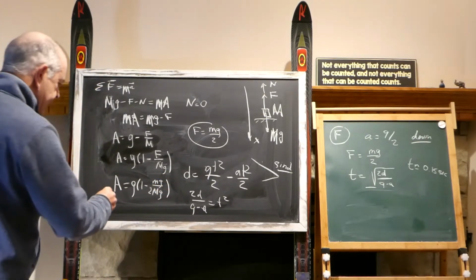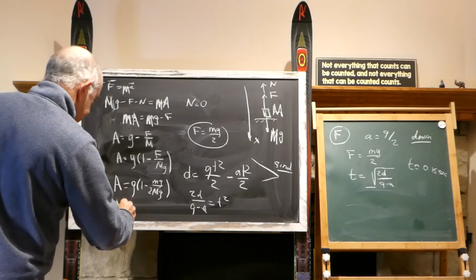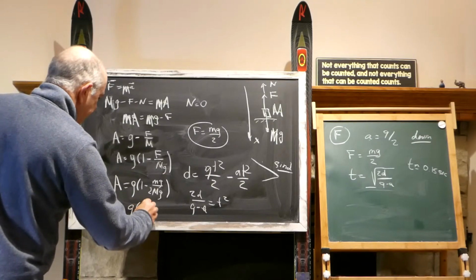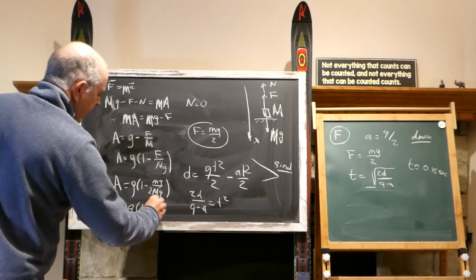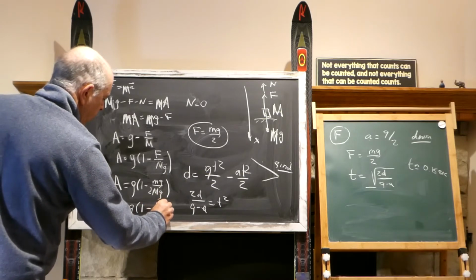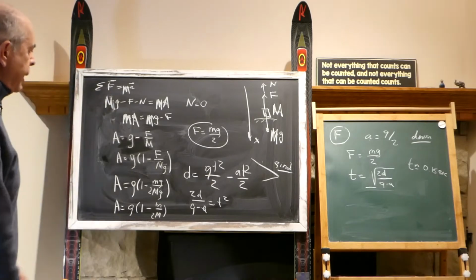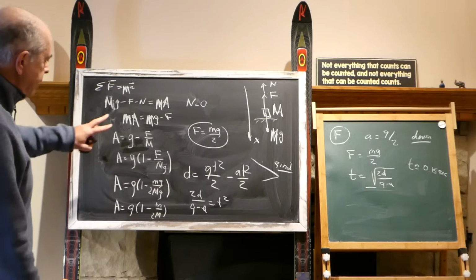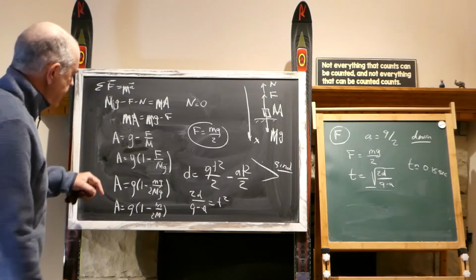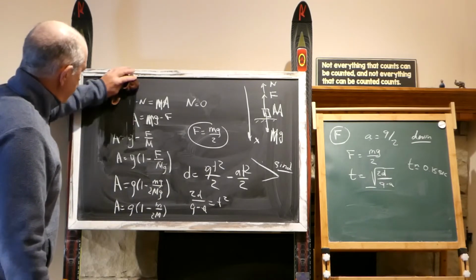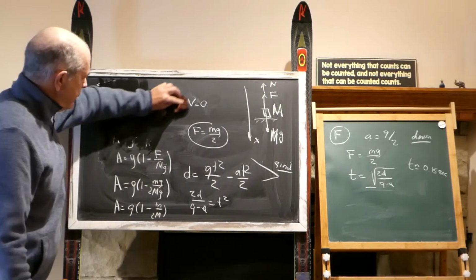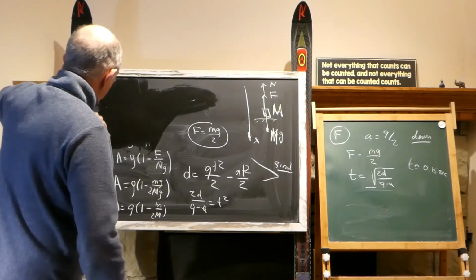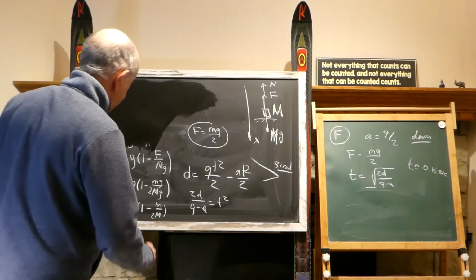And in this case, let's put it A equal G, 1 minus M over M big. Let me keep this because I will need it in 2 seconds, but I will wipe it here because it's the same formula, second law of motion, and that's n equals 0.